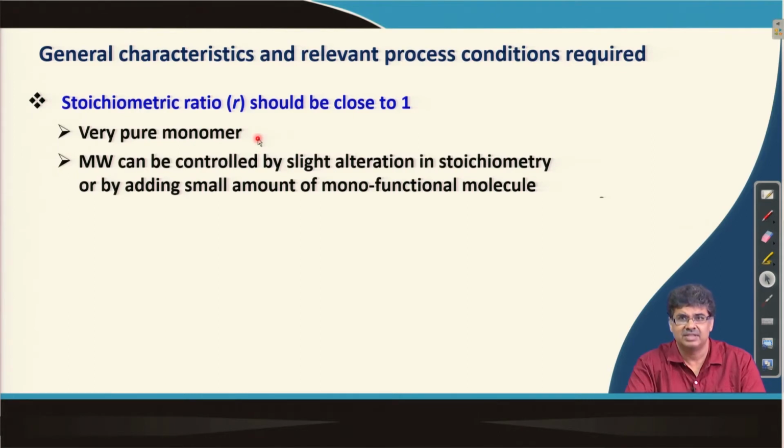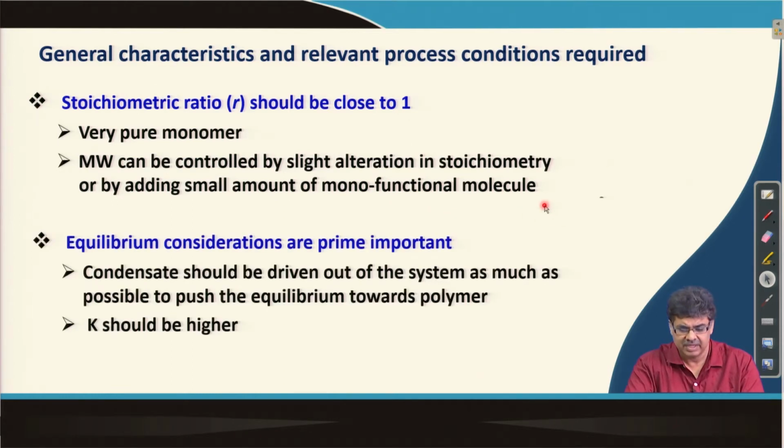If they act as chain stopper, then synthesizing high molecular weight will be difficult. And we know if we want to control the molecular weight for our purpose, then we can control it by changing the stoichiometry of functional groups or deliberately adding small molecular weight monofunctional molecules, which are also called chain stoppers.